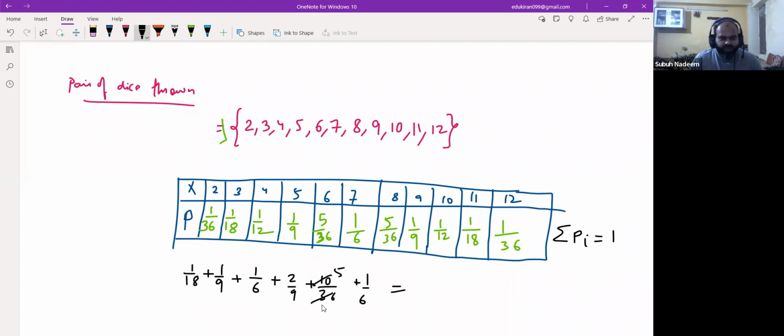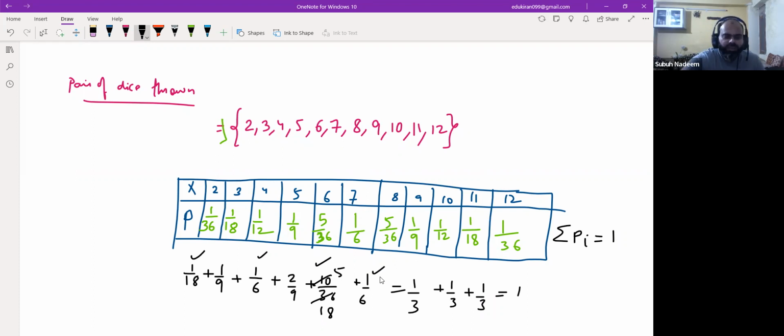This is 5 by 18. 5 plus 1, 6 by 18, that will be 1 by 3. And then we have 1 by 6 plus 1 by 6, 1 by 3 again, and 1 by 3 again. So it is coming out to be 1. So our calculation is correct.